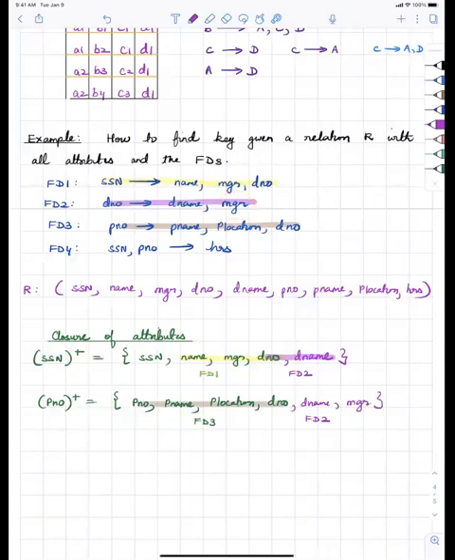But we still don't have the entire table because we don't have the following attributes. We don't have name. We have manager. We don't have R. So these are the two attributes that are not there. So using so far these three, FD1, FD2, FD3, we have not been able to get all the attributes.